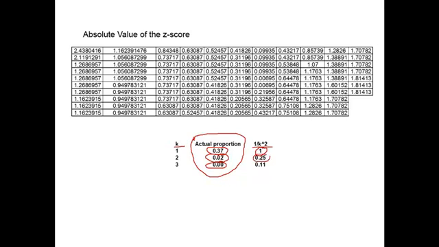It says that you could have 1/4 of your data, 25%, more than 2 standard deviations away, and you could have 1/9, about 0.111, of your data more than 3 standard deviations away. So Chebyshev's rule is never wrong, but it is much too conservative.